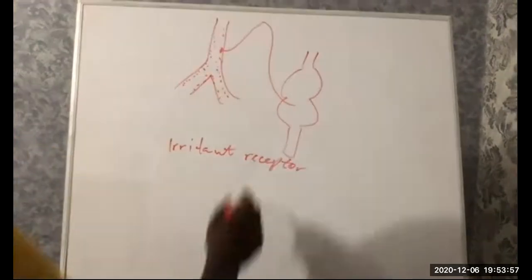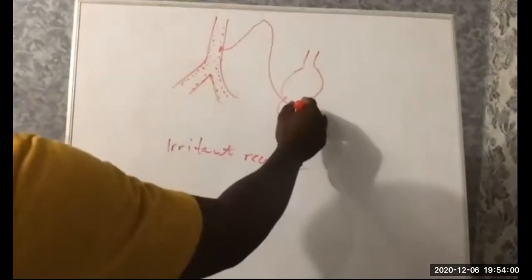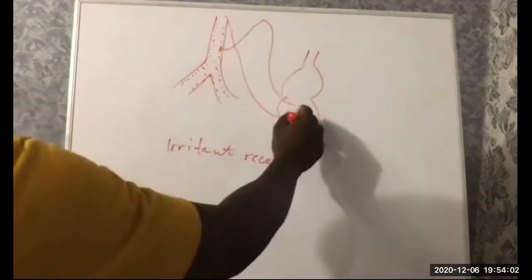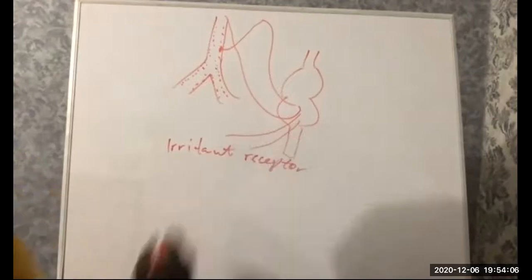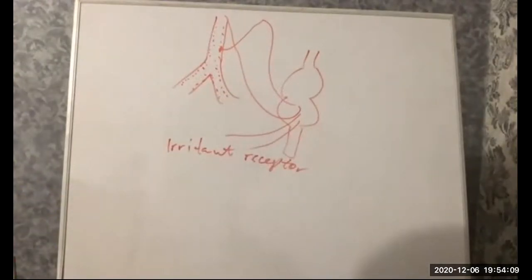This efferent pathway, some will be supplied to the glottis, okay? Some will go to the intercostal muscles, and some will go to the diaphragm. What do they do? They allow you to cough. But now pay attention very well.